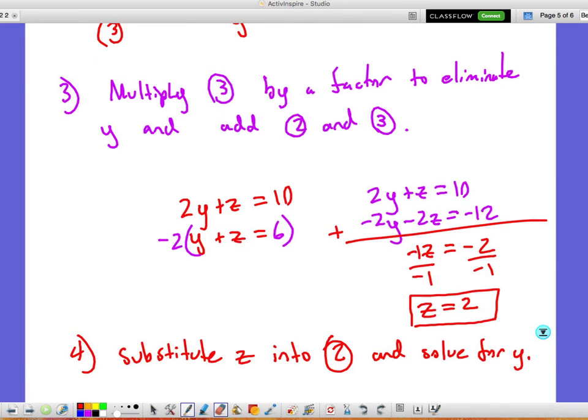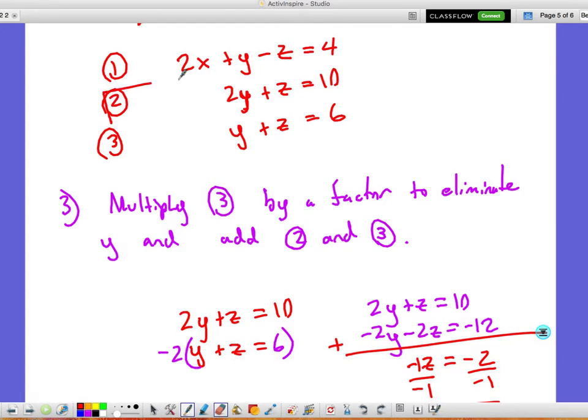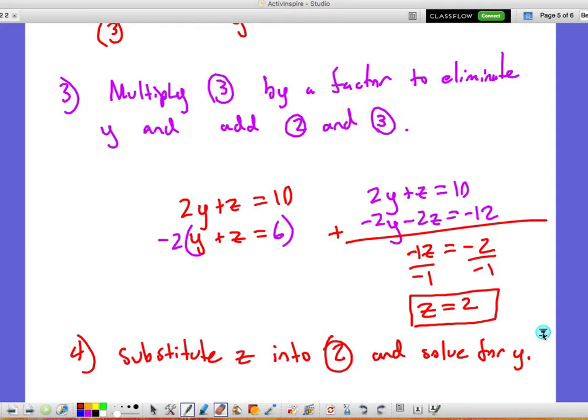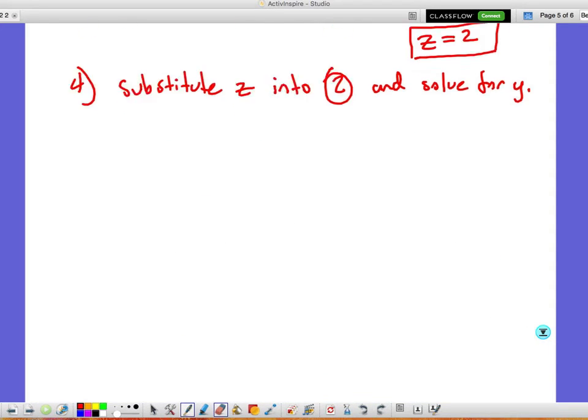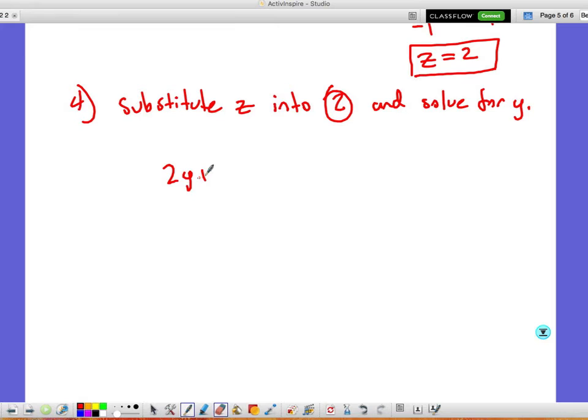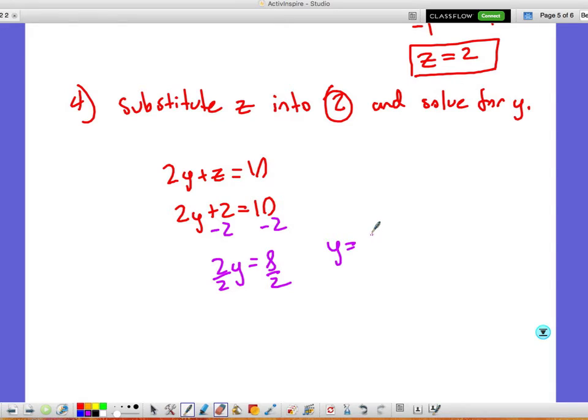So my second equation is 2y plus z equals 10. And so we can replace z with 2. We subtract 2 from both sides. So we have 2y is equal to 8. Divide both sides by 2, and so y is 8 divided by 2, which is 4.